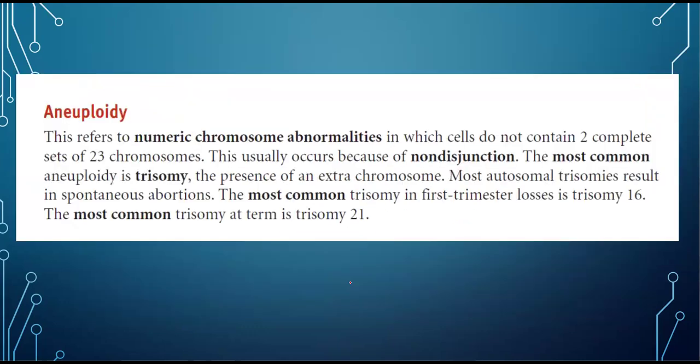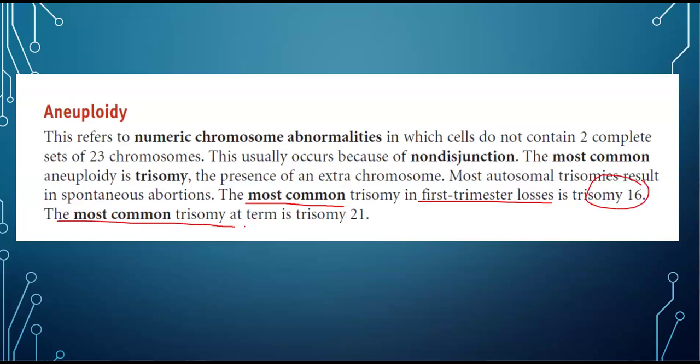Aneuploidy is mainly what we call chromosomal abnormalities in a child. Chromosomal abnormalities are not our topic to discuss. Just remember the most common chromosomal disorder in first trimester miscarriages is trisomy 16.